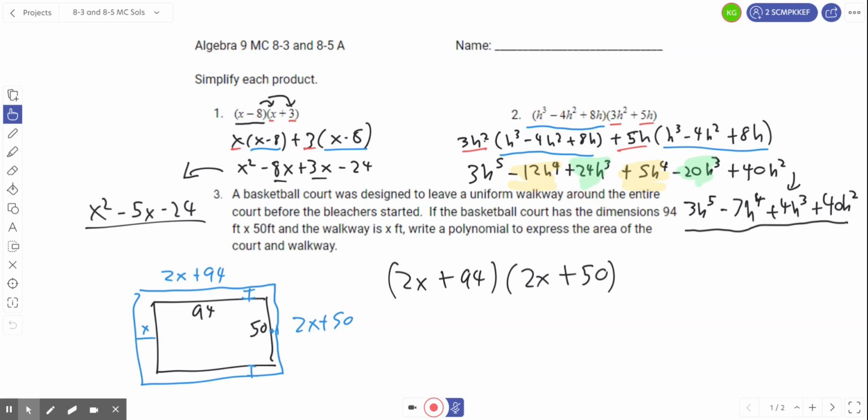So as we multiply these, again, I'm going to distribute the first factor to each term of the second factor. First factor, and then to each term of the second factor. 2x times 2x plus 94, plus 50 times 2x plus 94.